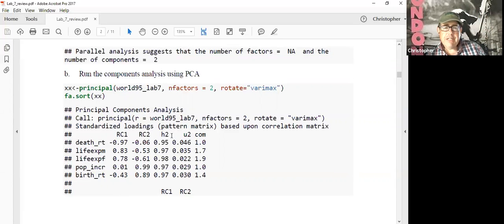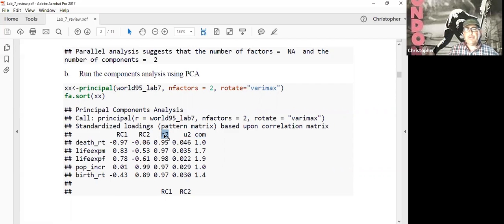Moving to the next piece here, the H2. H2 is what's called the communality, and that's confusing because there's something there called the com as well. The communality, you can think of that like an R-square value.